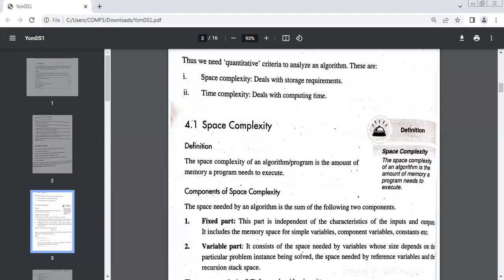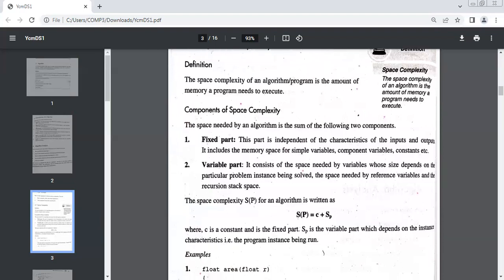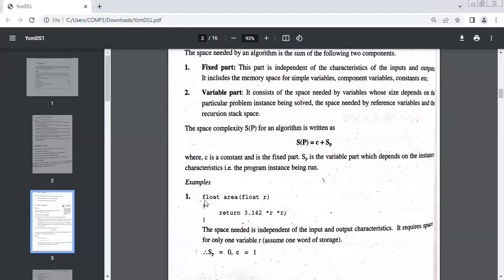For example, here we write a function, float area. Here we define a function area which accepts one parameter r of type float, and this function returns type float, and here we calculate the area of a circle.